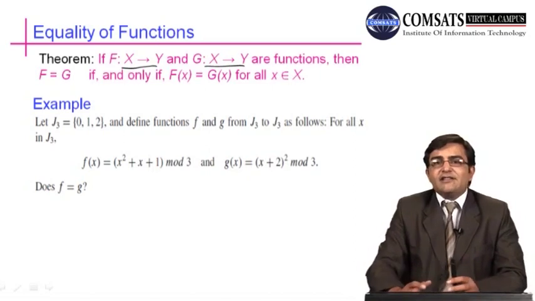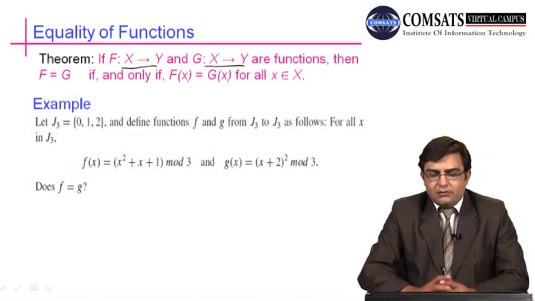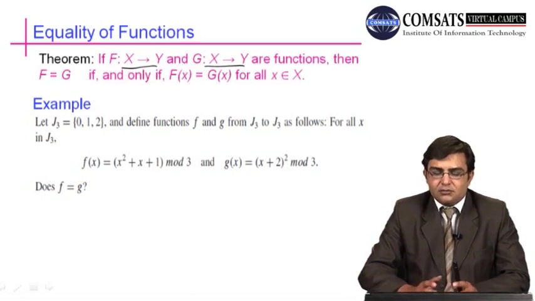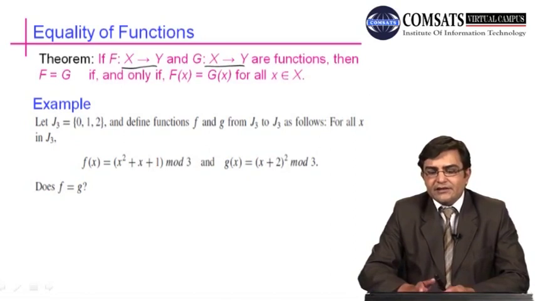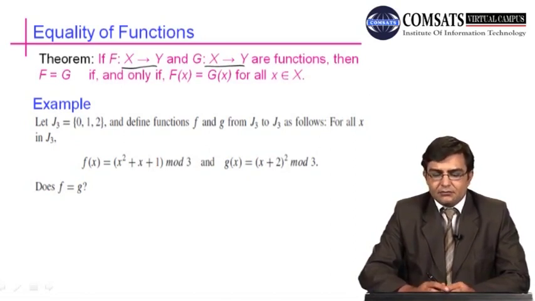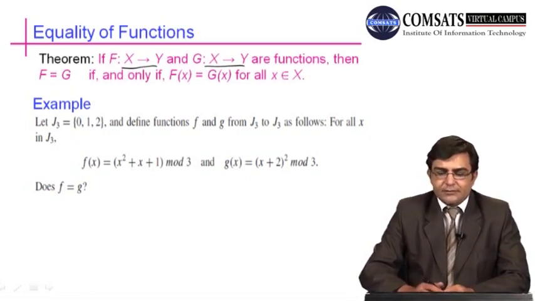If they are defined on different sets, we cannot show them to be equal functions. For two functions to be equal, the first thing is that their domain and range, or codomain, are the same. Then we move further.